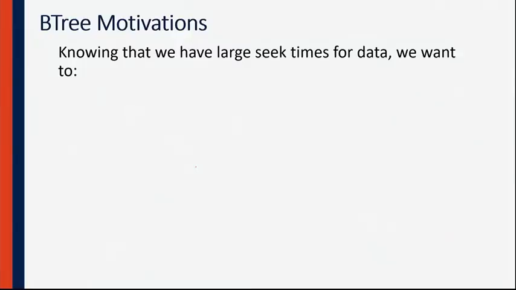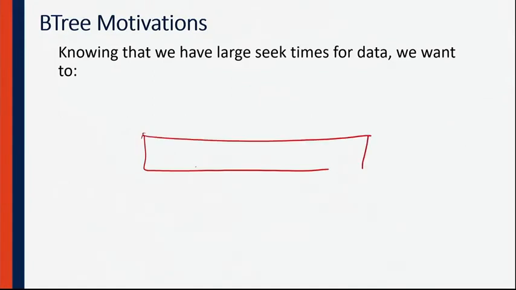So let's look at how we might construct such a data structure. A B-tree is constructed by having a node that contains a number of keys. I'm going to draw a node as simply a large rectangle. And as part of this node, we're going to have several keys inside of this node. The keys can be any value. I'll assume that we're going to have integers here in the beginning. The first key might have the value of 1. The second key might be 100.